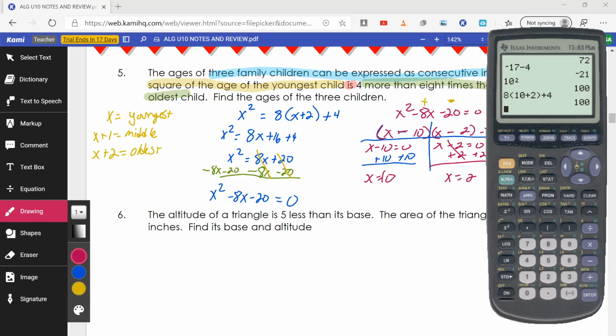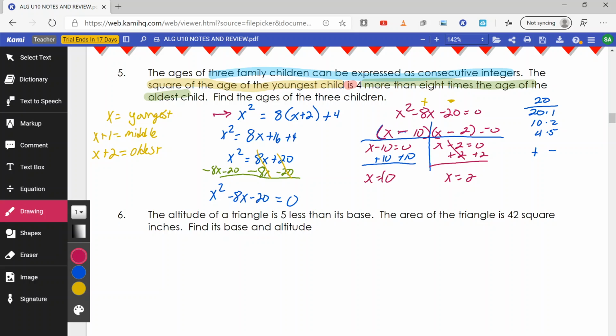So 2 squared is 4. If I plug in 2 on the other side, 8 times 2 plus 2, plus 4, gives me 36. So 2 is not the age. I did not get the same thing on both sides of the equal sign for our original equation.